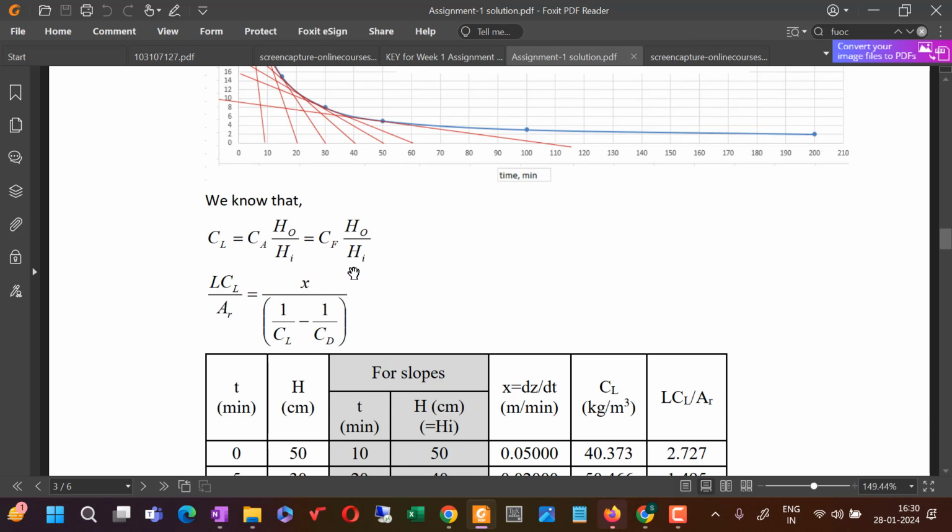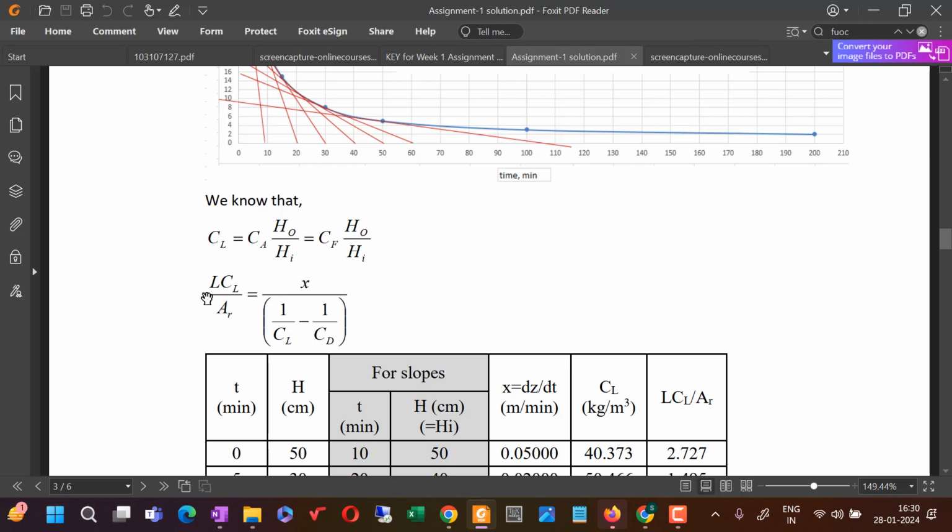Then the expression for LCL by AR equals X upon 1 upon CL minus 1 by CD. This is the sedimentation velocity, and AR is the area of the sediment that has to be calculated. When this is very low, the area will be very high, so we have to minimize this function.